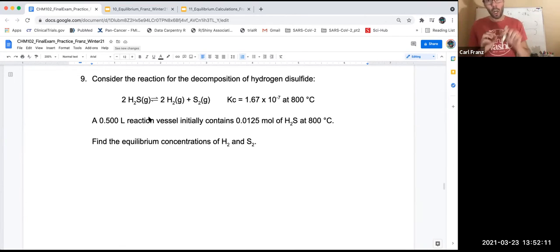And they say initially it contains 0.0125, and it is a 0.5 liter vessel. So to get the concentration, we take 0.0125 divided by 0.5, which is essentially just doubling it, right? So that is 0.025.